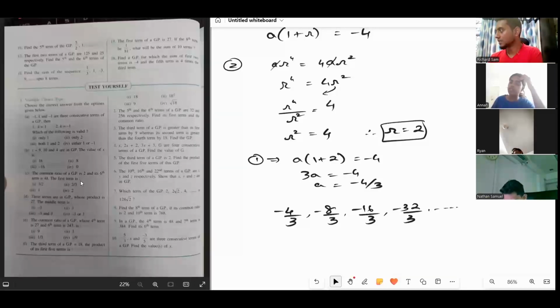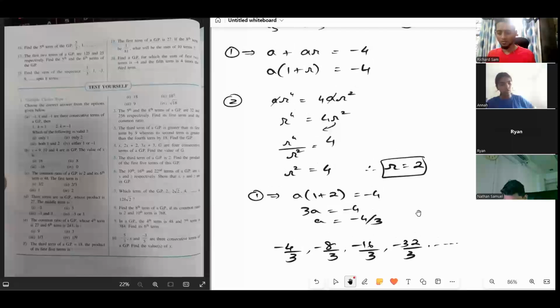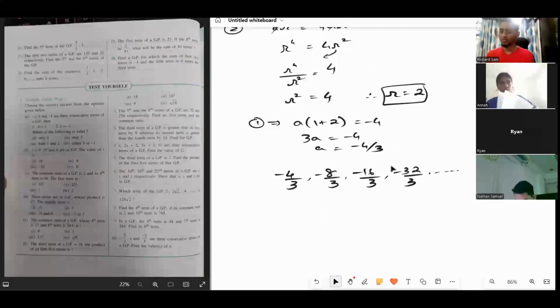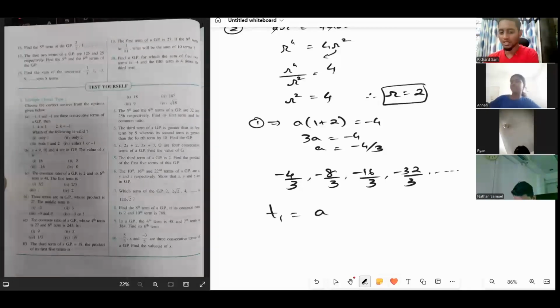This is 20th only, no? I solved R and A. Which one do you want me to solve? How we got this? We're done with the chapter. T1 is A. A is -4 upon 3. T2 is AR.